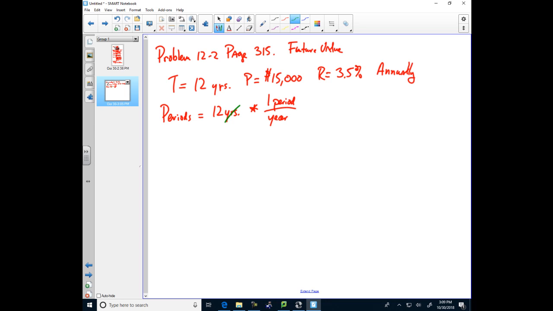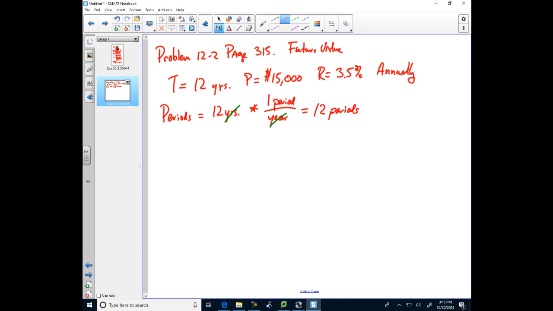And y'all know how much I like to cancel things out. That's what happened to the years. They canceled out. So we're going to have 12 periods. Usually it won't be annually. It'll be semi-annually or quarterly, etc. But anyway, that's how you do it.